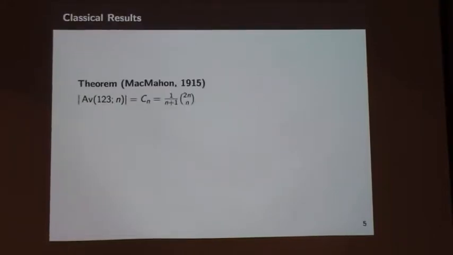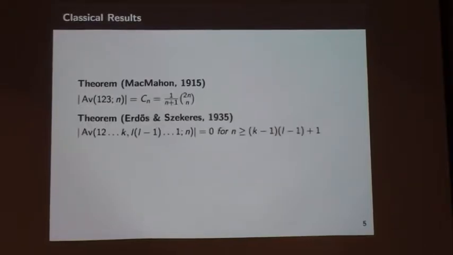So here's some classical results. In 1915, MacMahon showed that the number of permutations that avoid 1, 2, 3 are counted by the Catalan numbers. Erdős and Szekeres' famous longest monotone subsequence theorem can be phrased in terms of pattern avoidance. If you have a long enough permutation, then it's got to contain either a length k increasing pattern or a length L decreasing pattern.